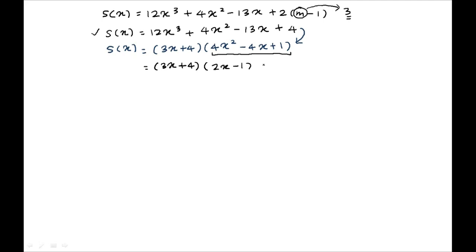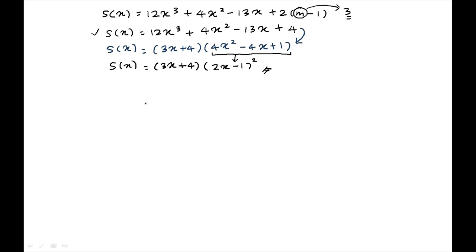Okay, the root ada untuk quadratic dia mesti 2. So, bila calculator cakap ada satu je root 1 over 2, that means 2x minus 1 ni sebenarnya ada 2. So, kena letak square. Okay, barulah dia quadratic. So, from 4x squared minus 4x plus 1, actually we can factorize into 2x minus 1 squared. So, done for the first part, factorize Sx completely.